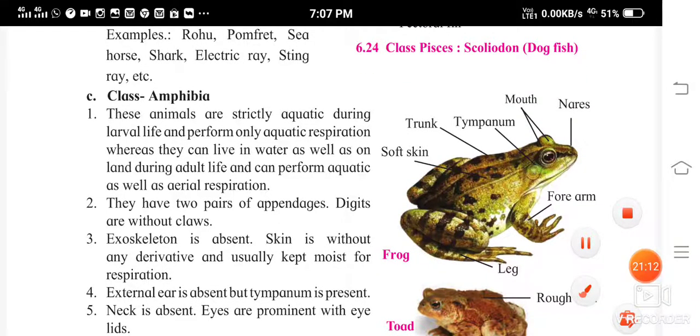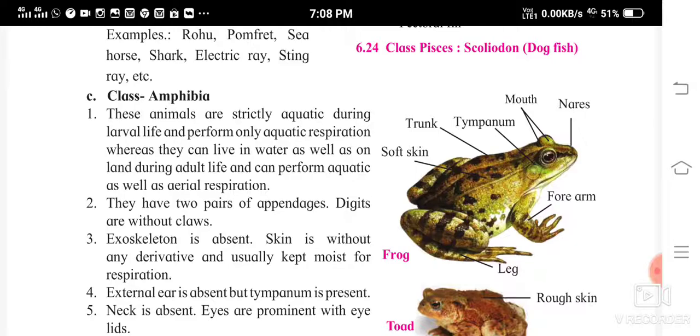Then the amphibians you saw. They live both on land as well as in water, and that is why they are called amphibians. But they live both on land and in water only when they become adults. In the larval stage, you will find them only in water.